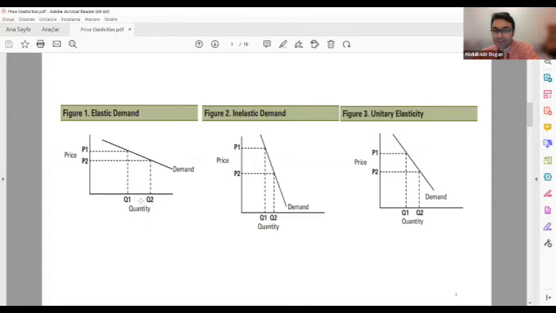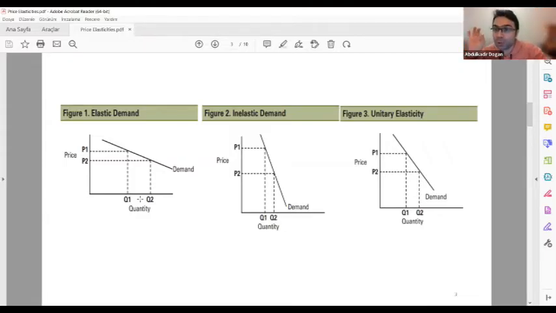Do you see that here, if I change my price a small amount, my quantity demanded changes by a huge amount. What does it mean?